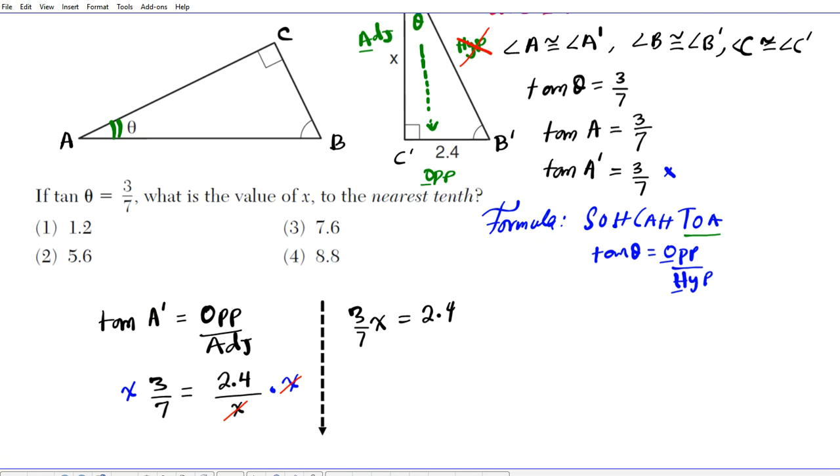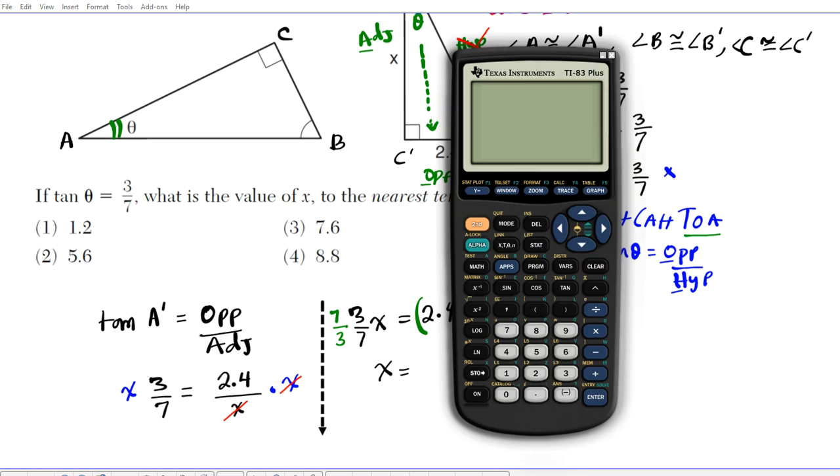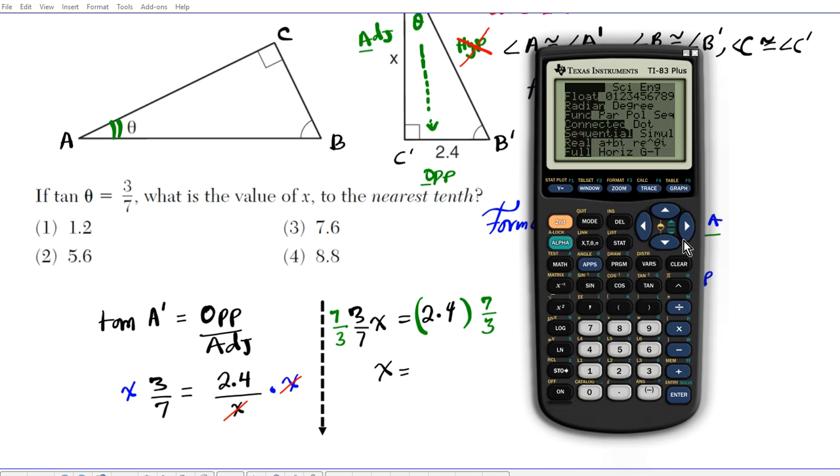Now to get x isolated, I need to get rid of this coefficient here. So I multiply by its reciprocal, 7 over 3, on both sides. Then we have x equals, now you input this into your calculators. I'm going to make sure my mode is in the correct format.